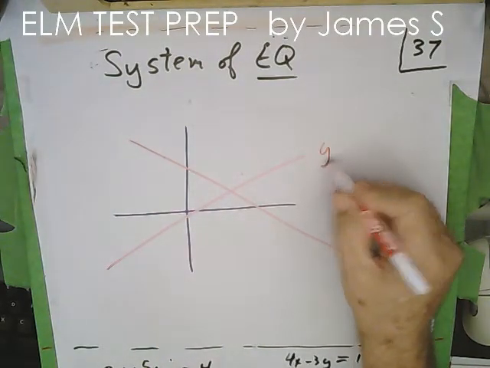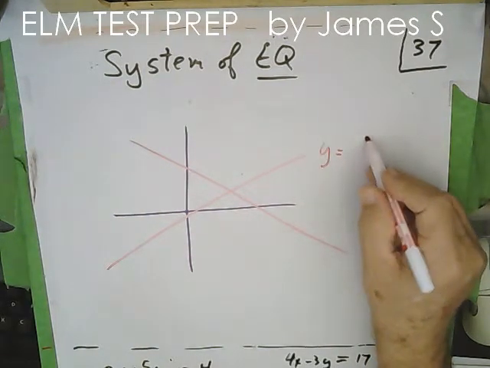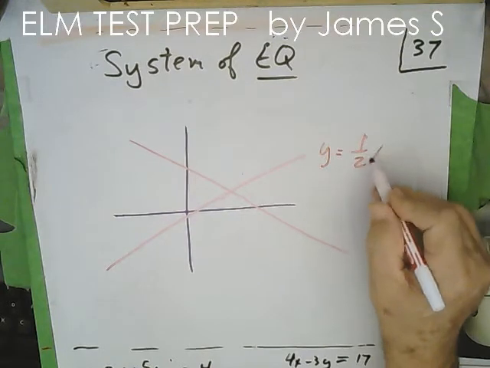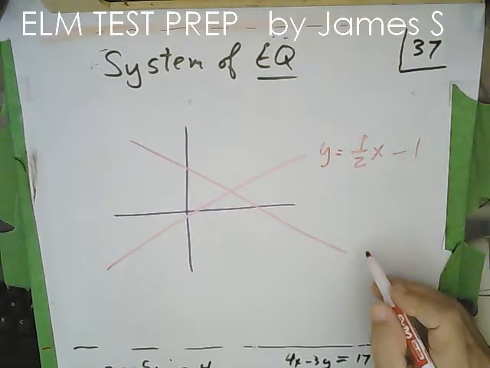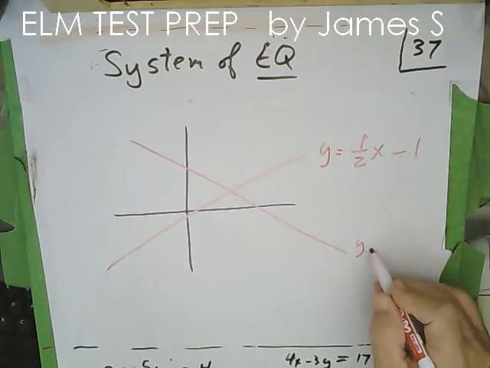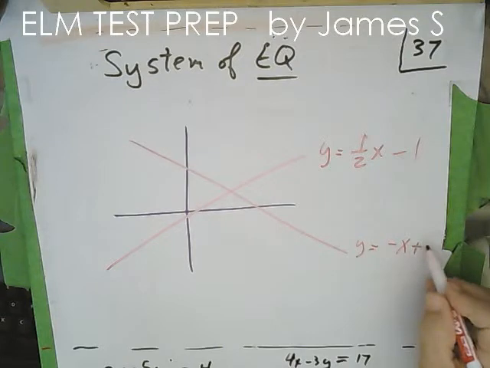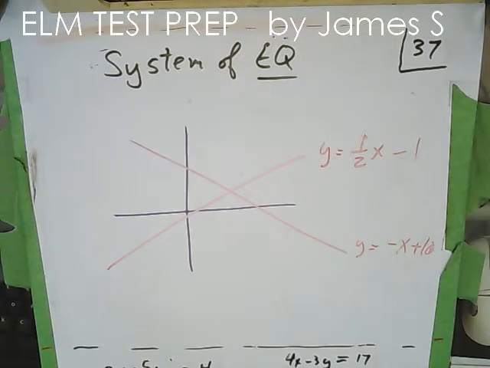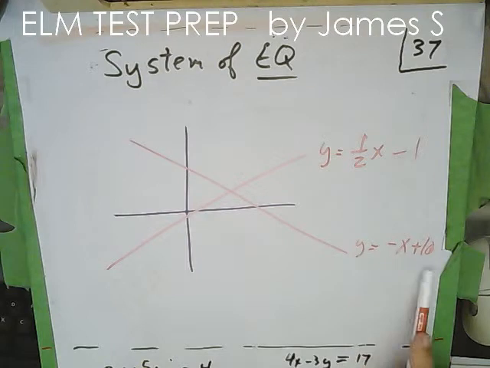This is y equals 1/2 x minus 1, and we might say this is y equals minus x plus 5 or 10 or whatever. It doesn't really matter. All the points on this line are defined by this equation.